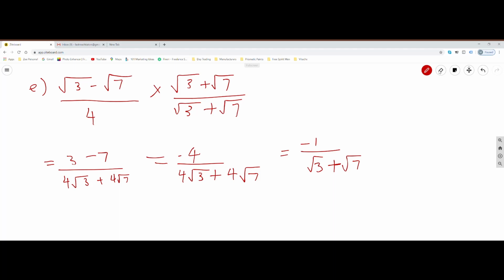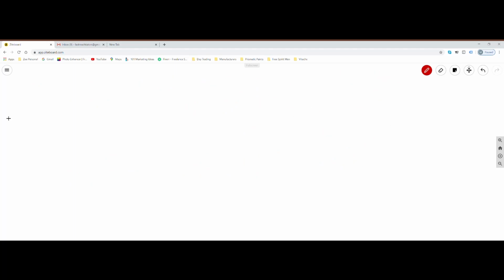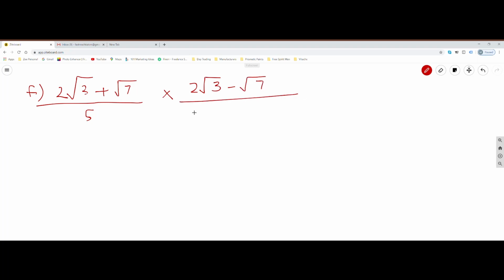So for x, we have 2 square root 3 plus square root 7 over 5 multiplied by the conjugate, which is 2 square root 3 minus square root 7 over 2 square root 3 minus square root 7.